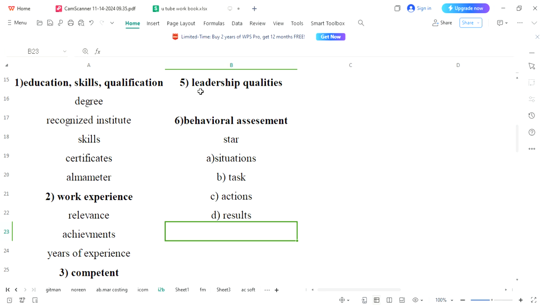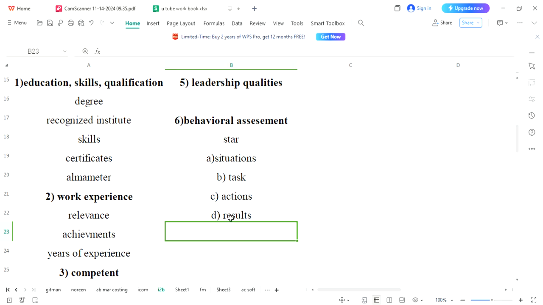For behavior, you will give him a situation, a targeting situation, a challenging situation. A problem has been given to him to assess his behavior. When the situation has been changed, the task has been changed, the role has been changed, the challenge has been changed, what action did he take against these situations and tasks? And then these three are important, but the most important thing is the result.